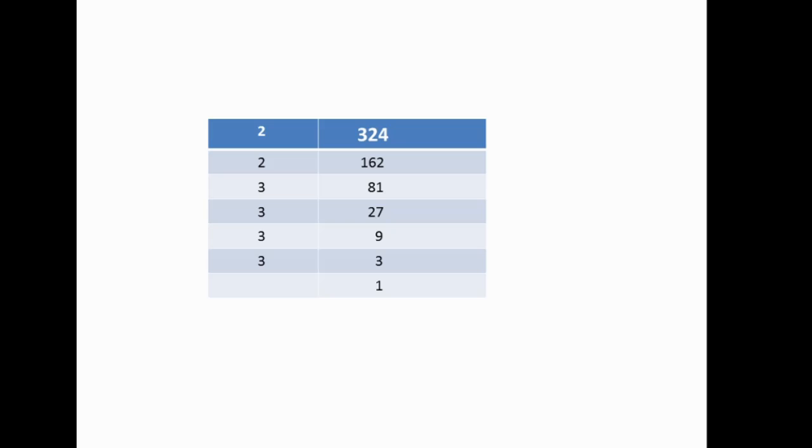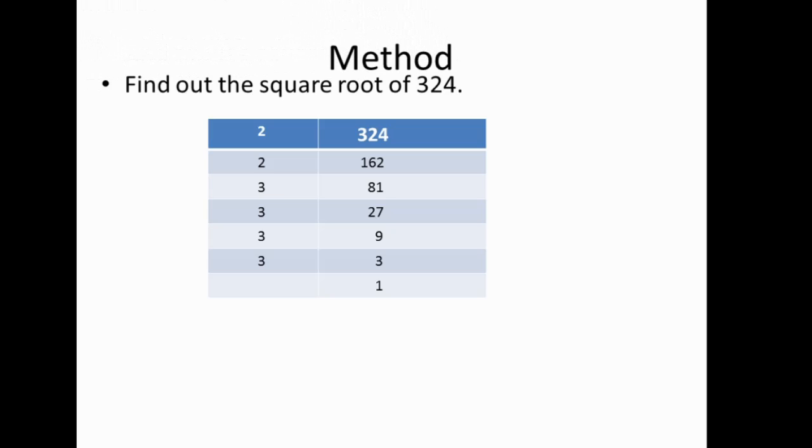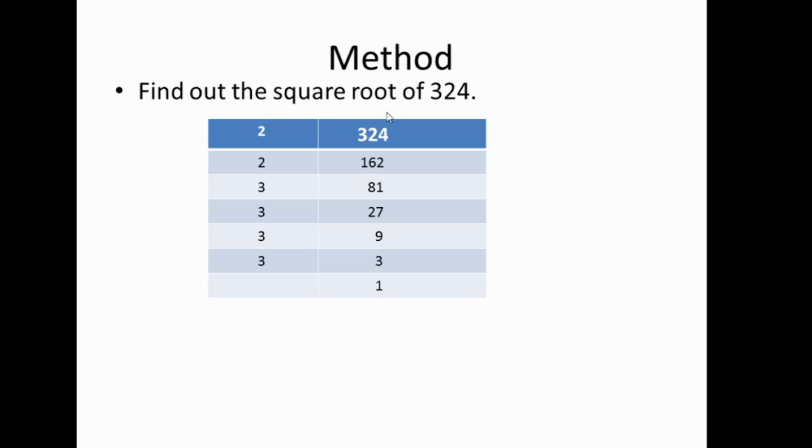Now in the previous examples we simply worked out for 1 digit and 2 digit numbers. This time I will explain the method of working out a square root for 3 digit numbers. Find the square root of 324. Basically 324 is a 3 digit number.